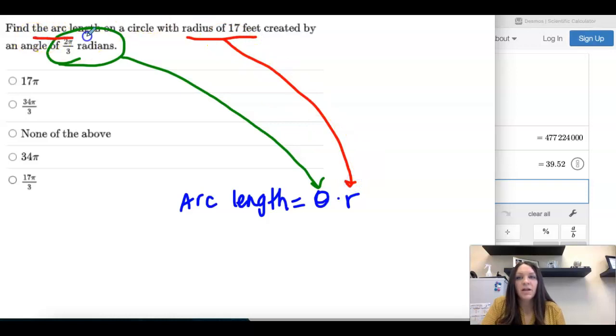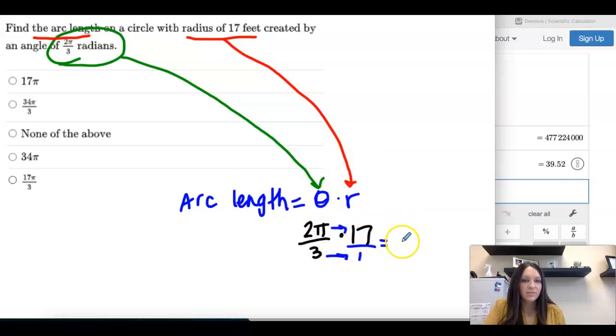And we're trying to find the arc length. So I have 2 pi over 3 times 17. So when we multiply straight across, I have 2 times 17, which is 34, and then the pi just comes along. And then 3 times 1, which is 3.